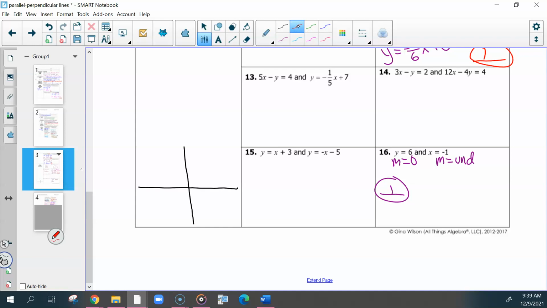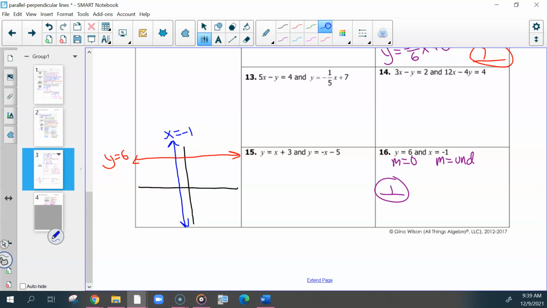So y equals 6 would be some line up here. It's not very straight, but pretend it is. X equals -1 would be somewhere over here. So these would be perpendicular lines.